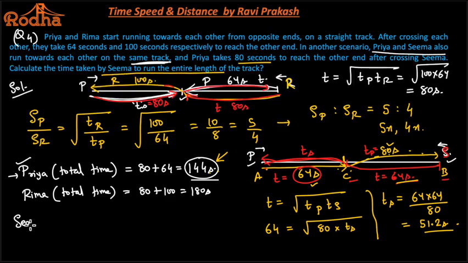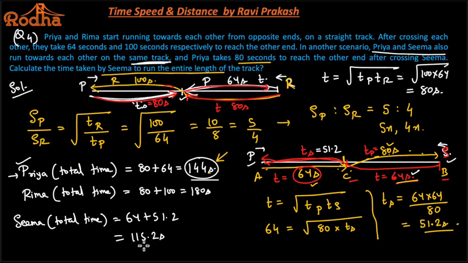So in case of Seema, the total time will be equal to आपका ये हो जाएगा 64 सेकेंड एंड प्लस ये वैल्यू आ गई 51.2. So 64 plus 51.2 is equal to 115.2 seconds. That is the answer for this question here.